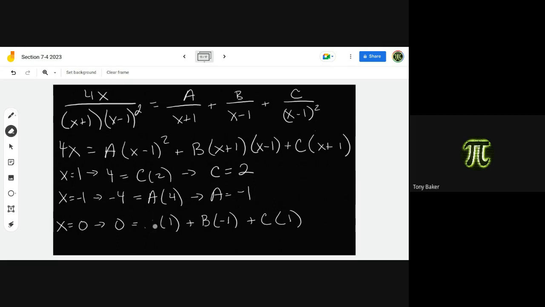I already know A was -1 and C was 2. So I have -1 minus B plus 2. So B equals 1.